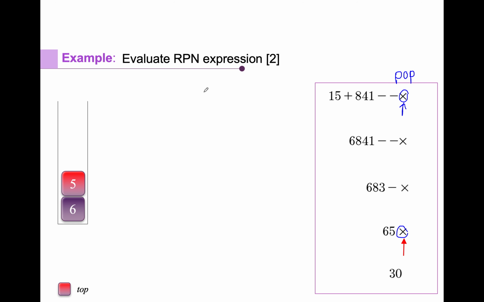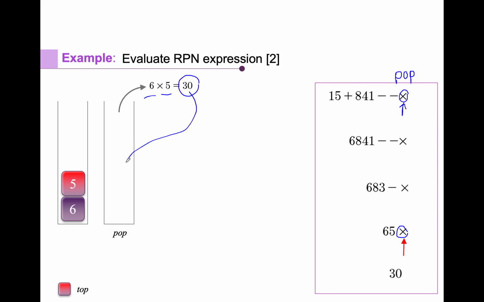You're going to pop the values 6 and 5. You get the answer. What are you going to do with this answer? You're going to push it, and then it's inside your stack.